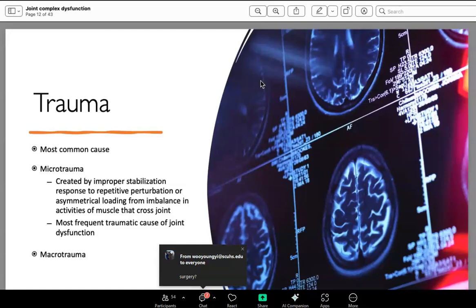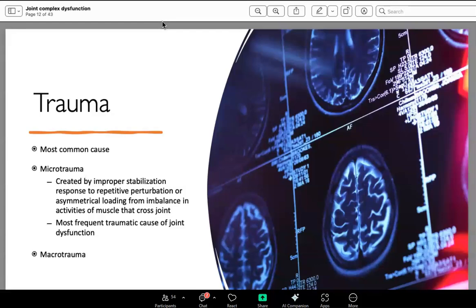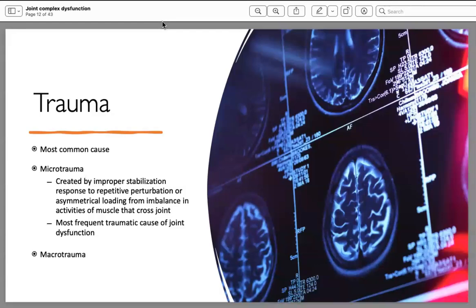Surgery, you can consider that a macro trauma, but I would categorize that into immobilization. There's kind of like an overlap there if you think of surgery.